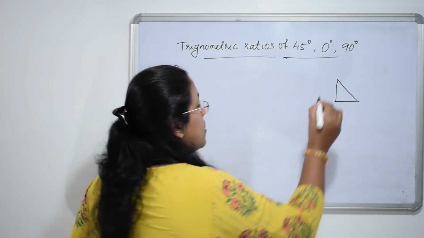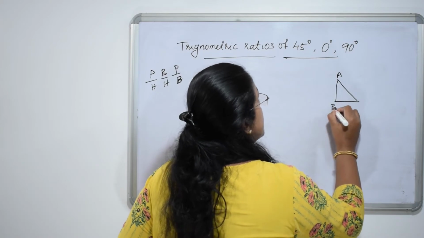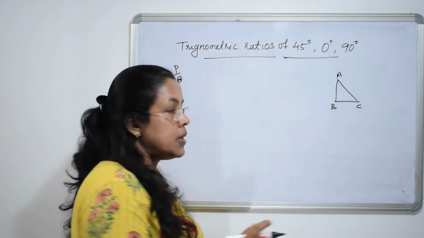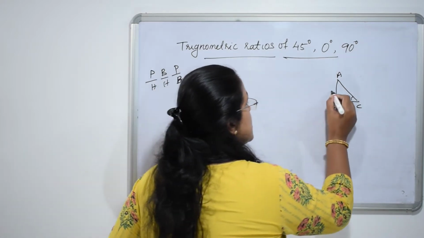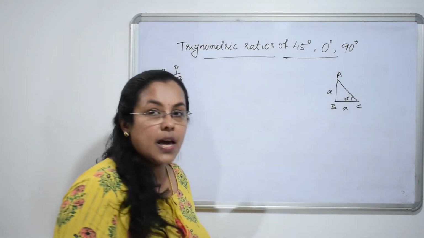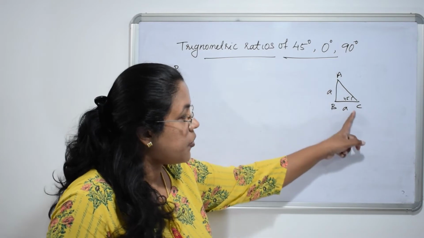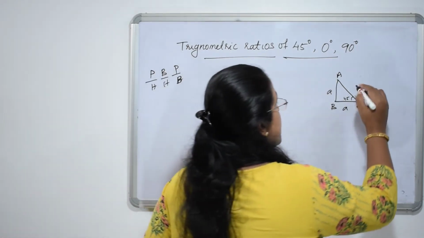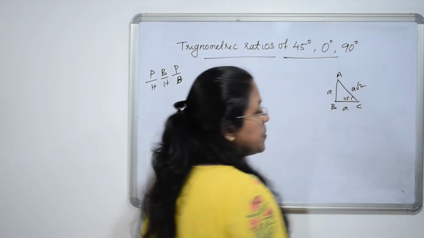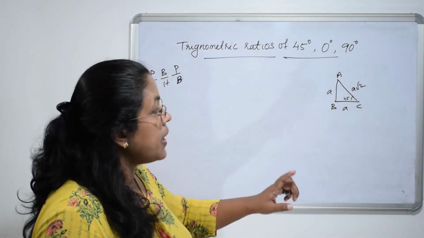Now, it is an isosceles right triangle. This angle is 45. Since it is isosceles, both the sides are A and A. This is 45, this is 45. That is why it is an isosceles right triangle. And AC is A root 2. Then what is sine?